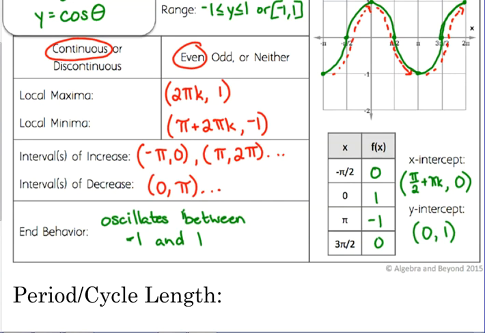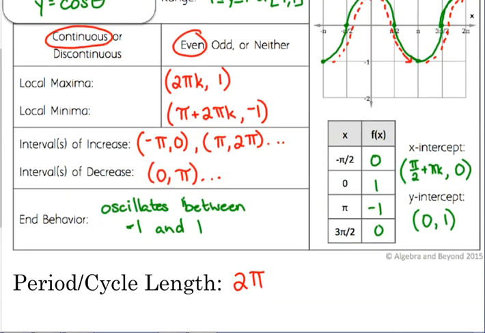Let's start at x equals 0. We start at +1. So we hit our minimum, and we've got to get back to our starting point. We get back to our starting point at 2 pi. So we started at 0, we got to 2 pi. So our period or cycle length here is still 2 pi. It looks a little bit different, but the distance is still the same.